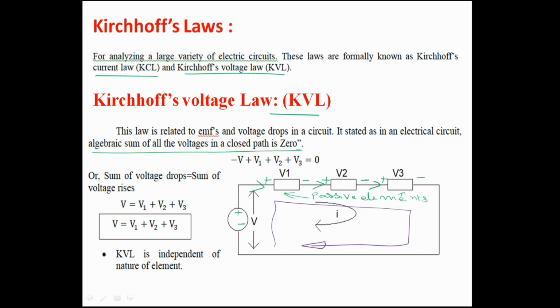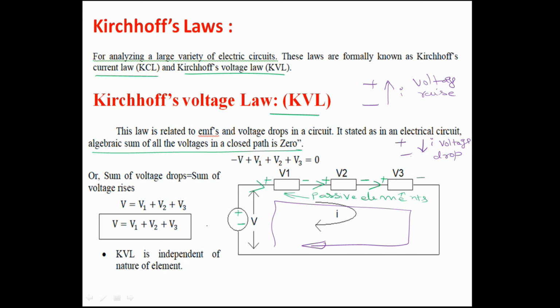If the current flows from negative to positive, it is a voltage rise. If the current flows from positive to negative, it is a voltage drop.